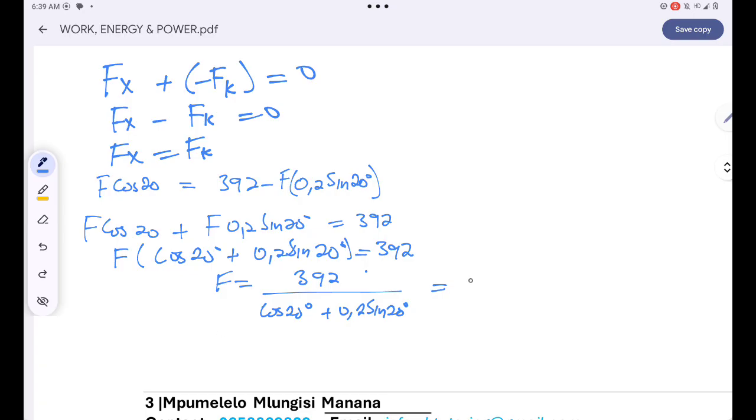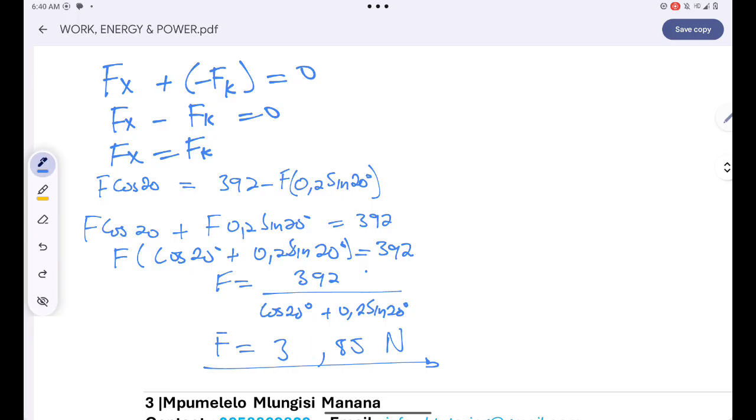This will give us a magnitude of F as, let me confirm that I didn't make a mistake. Okay, I didn't. 388.85 newtons. This should be the magnitude of force F.